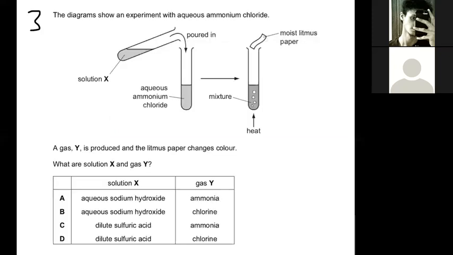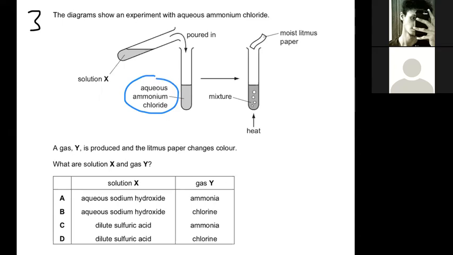Question 3. The diagrams show an experiment with aqueous ammonium chloride. A gas Y is produced and the litmus paper changes color. What are solution X and gas Y? A solution X is added to aqueous ammonium chloride, and this produces a gas.